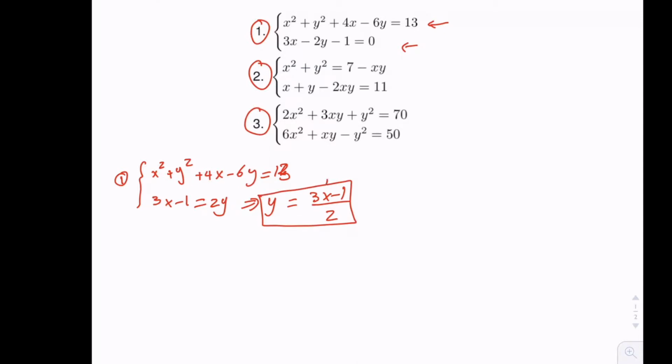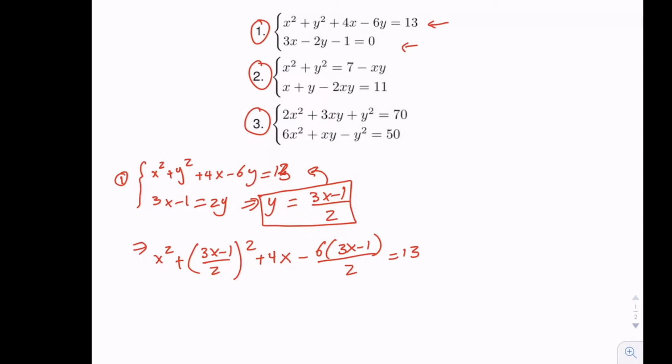Now if I replace y into the first equation, I will have x squared plus ((3x minus 1) over 2) squared plus 4x minus 6 times (3x minus 1) over 2 is 13.